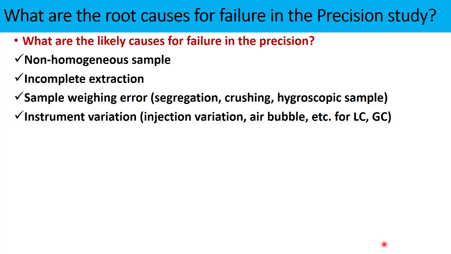Sometimes it is injecting 18 microliter, sometimes it is injecting 22 microliter, and that will certainly result in an imprecise analytical result, because the response will vary according to the injected volume. And then you will say, now my testing result is imprecise, but the root cause is what? The injection to injection variation. Sometimes the injection volume can also get altered due to an air bubble present in the syringe. So make sure that your syringe is free from air bubbles, so that imprecise results will not occur out of the instrument variation.